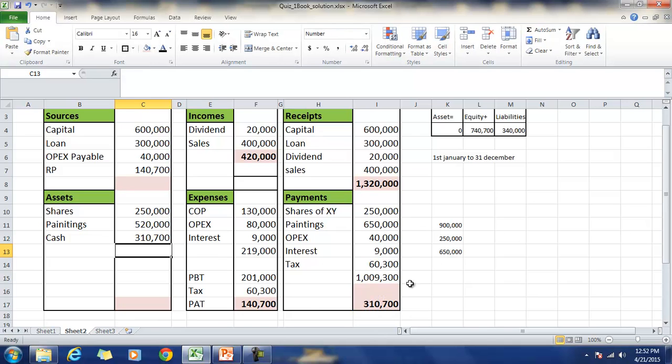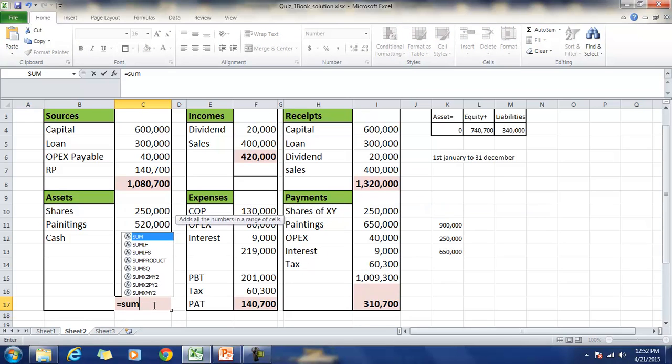If all transactions have been done, we know that the sources should be equal to the applications, or assets.